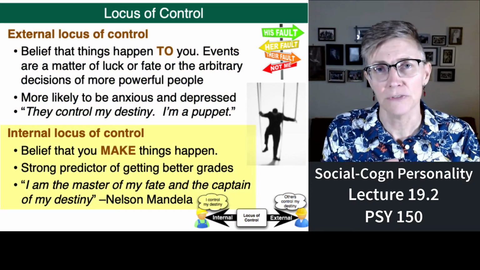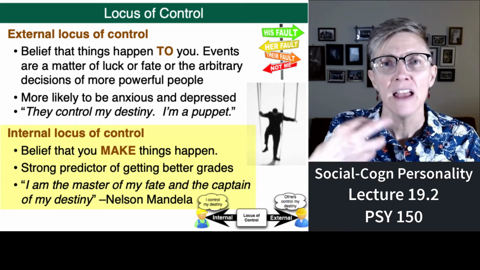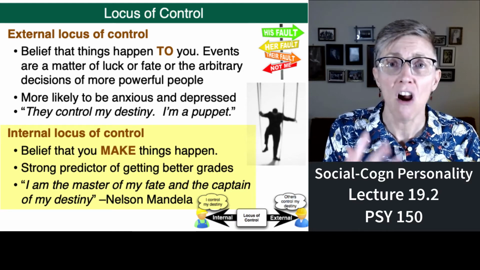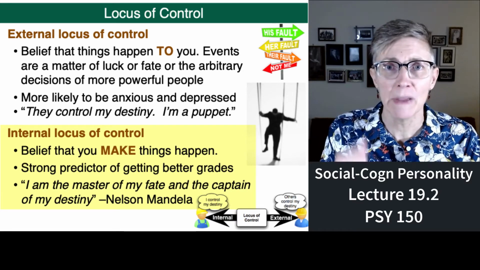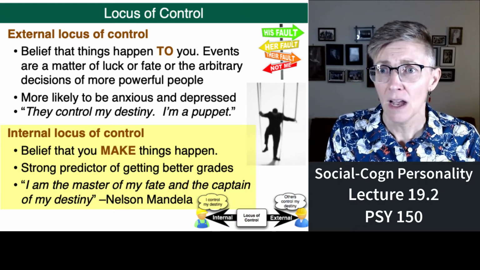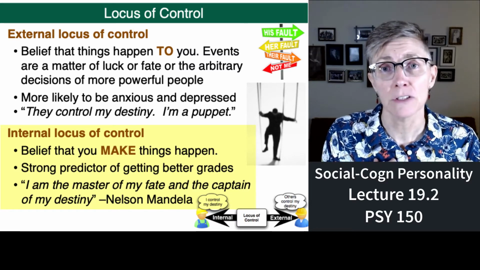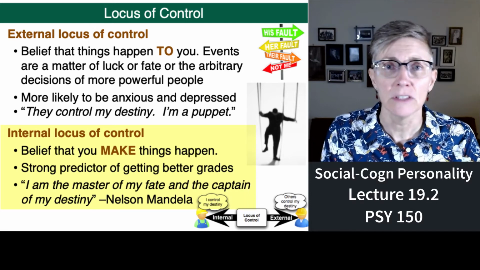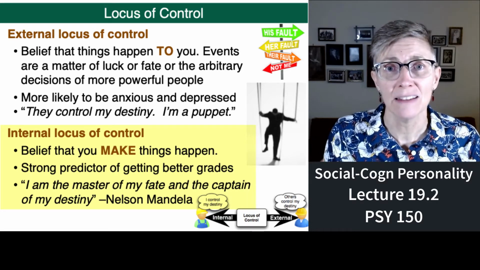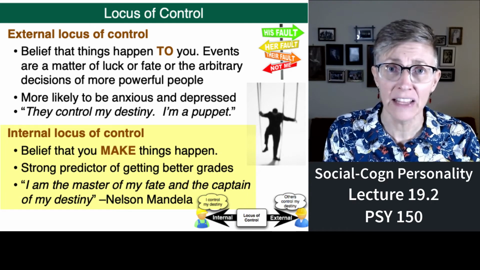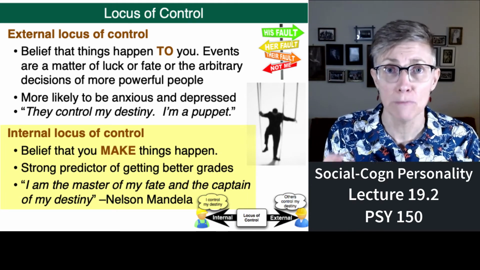Internal locus of control, on the other hand, is your belief that you determine your own destiny. That if you work hard enough, you will make a success of yourself. Internal locus of control is a very good predictor of grades. People who have low grades, low GPAs, often have an external locus of control. Oh, I failed the exam because the professor's mean.